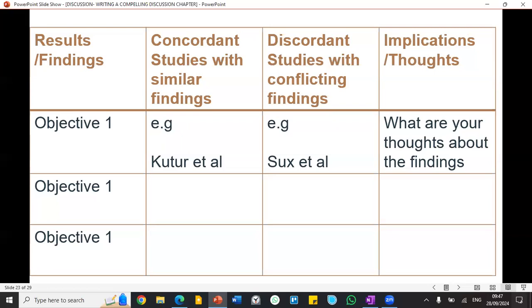You try to bring your own conclusion or thoughts that may support your finding. So you don't leave it alone. You don't leave it saying that this study does not go in line with this. You try to think around what may have contributed to this kind of finding.